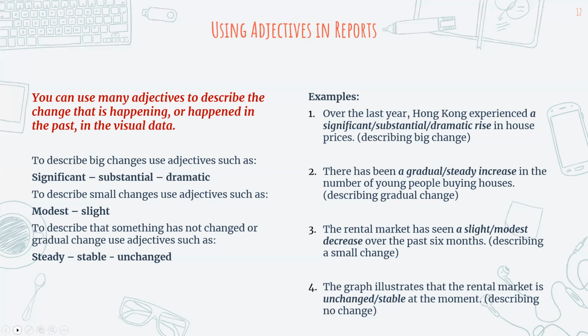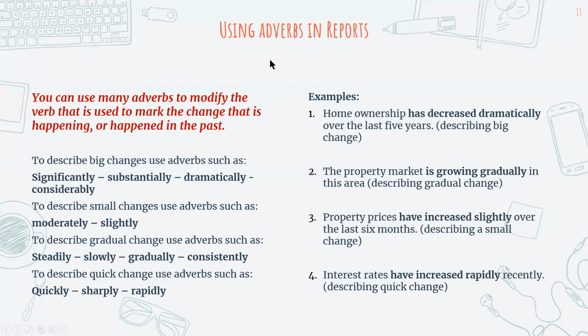Okay, using adverbs in reports. Now we need to use adverbs. You can use many adverbs to modify the verb that's used to mark the change that's happening or happened in the past. To describe big changes, use adverbs such as significantly, substantially, dramatically, considerably.